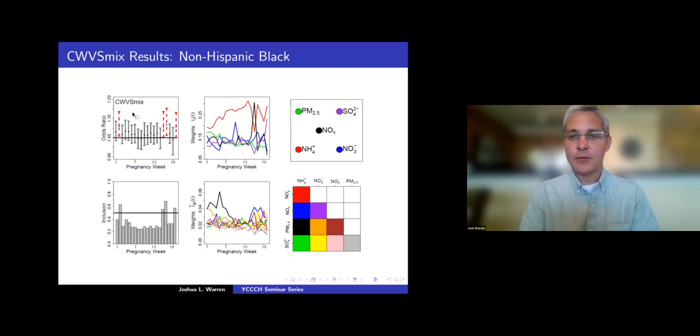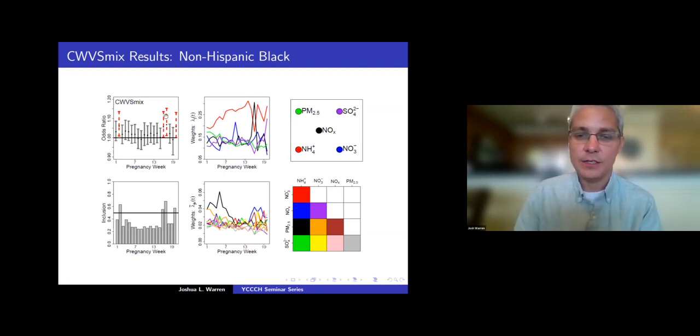So what we can see for the non-Hispanic Black population that we were working with in New Jersey during this time is that elevated exposure, I'm not going to say to what yet, but elevated exposure to some combination of these 5 pollutants during pregnancy week 2, and then later on in the pregnancy, weeks 16, 17, and 20, actually led to increased odds. So these are odds ratios being presented of stillbirth.